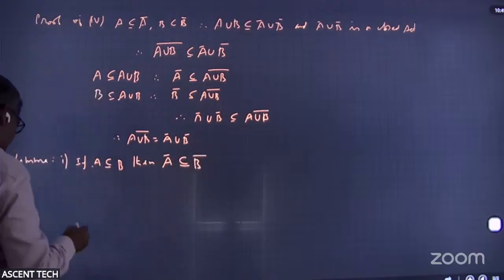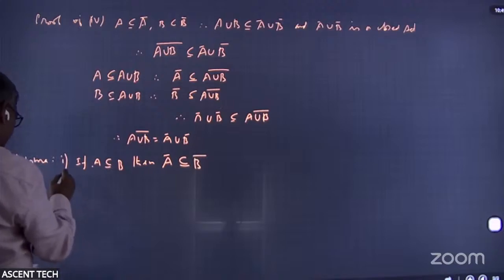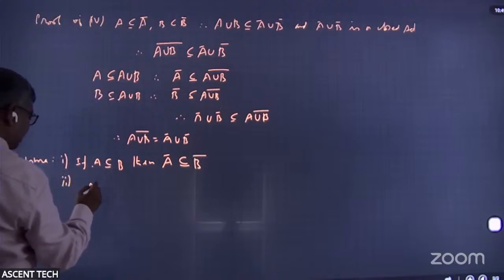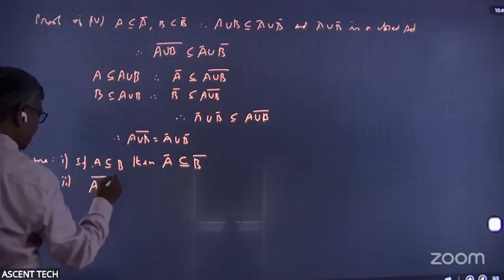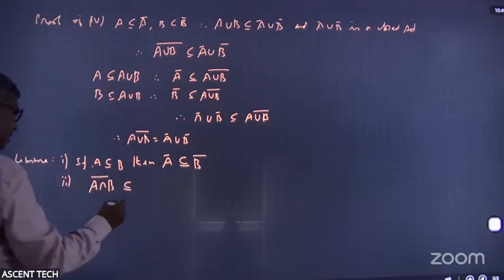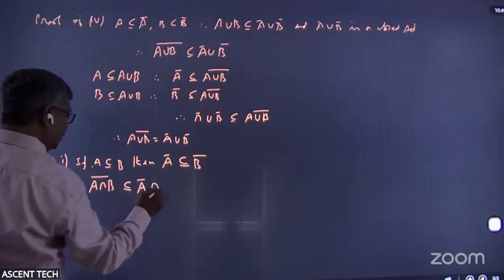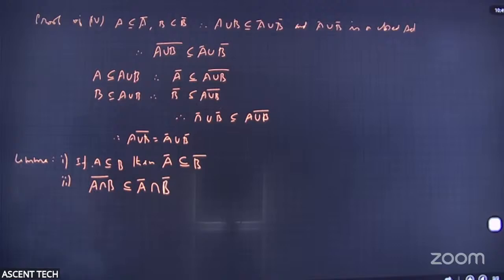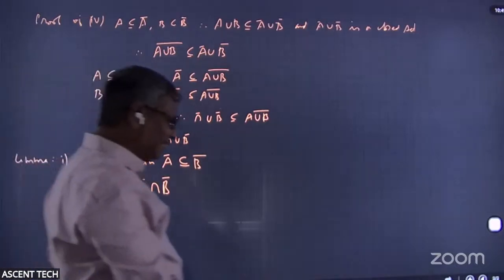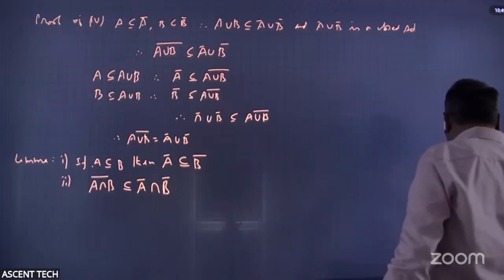Two, the closure of A intersection B is contained in A bar intersection B bar. Now you will see slowly that you don't get equality here. For union, I get equality. I don't get equality here. I'll give you an example. That's why I enumerated these, even though they are quite easy things.